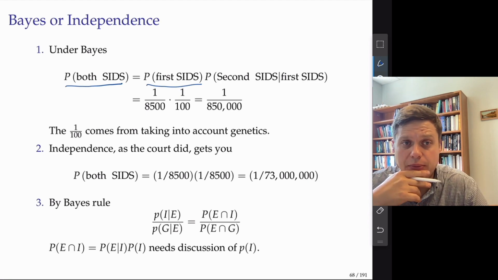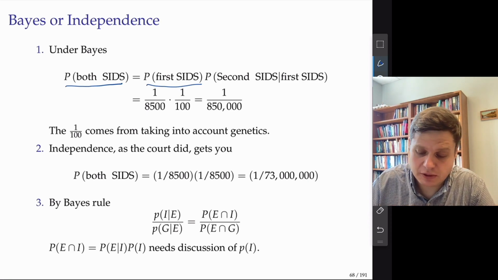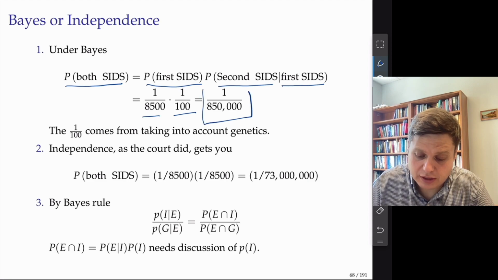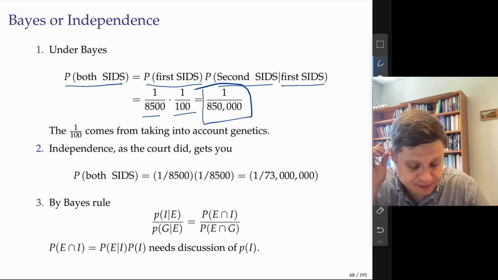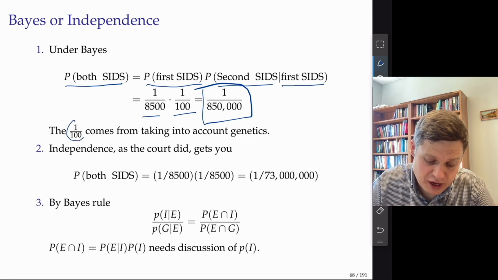We also know that, given that the first child died of SIDS already, the chance of a second child dying of SIDS is much higher now. It's 1 over 100. So if you calculate those two numbers, we get 1 in 850,000. And this 1 over 100 number comes from genetics again.